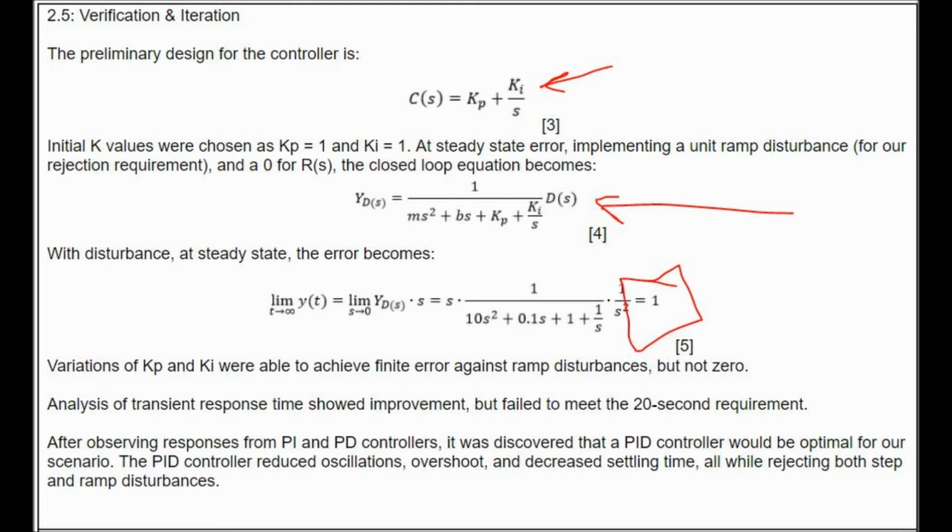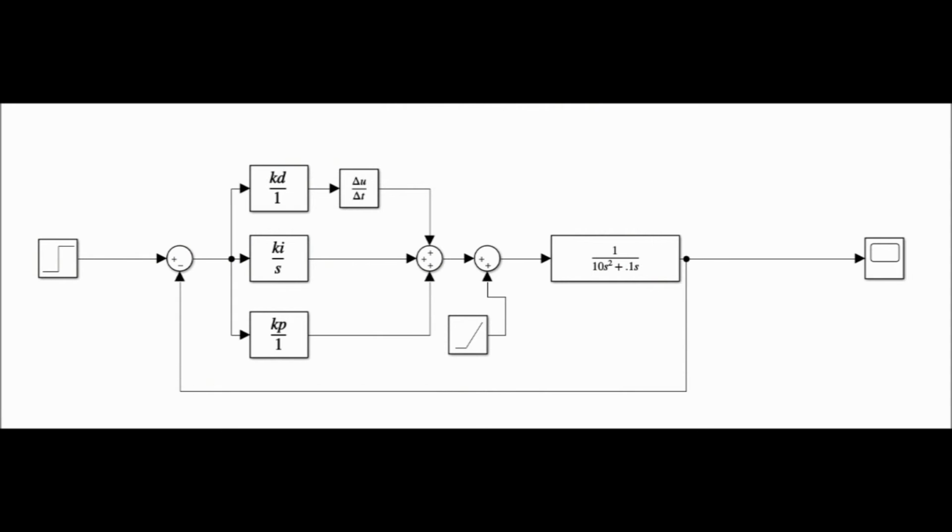To verify that other design options were possible, we analyzed a PD controller that uses both a proportional and derivative component. We found that this was better at mitigating overshoot, which the PI controller was not, but was unable to track a ramp disturbance. Lastly, we implemented a PID controller, which was the best of both worlds.